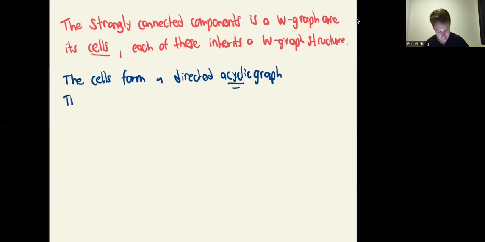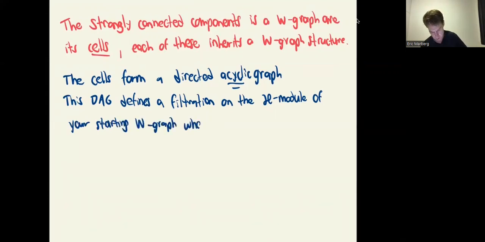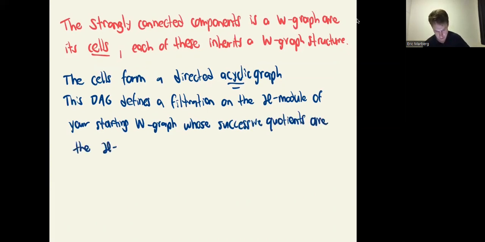And then this directed acyclic graph will induce, or define, a filtration on the H module of your starting W graph whose successive quotients are the H modules of the cells.